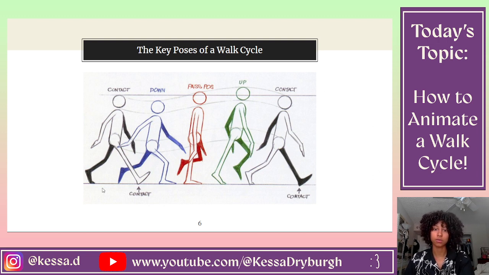And this concept comes from the Animator's Survival Guide, which was written by Richard Williams, by the way. Very good resource. Pretty much every single animator uses it. And this is the way that most people approach walk cycles. So with these 5 poses, you can already see the walk cycle kind of starting to come together. But there are a couple more things that we need to do before it can actually be considered finished.